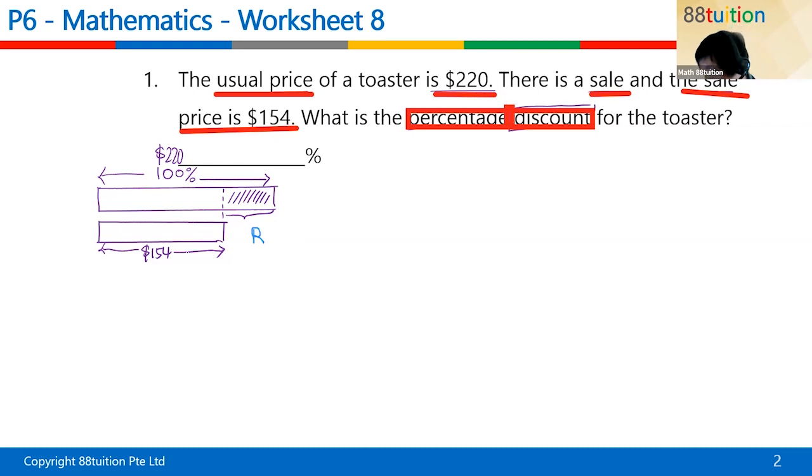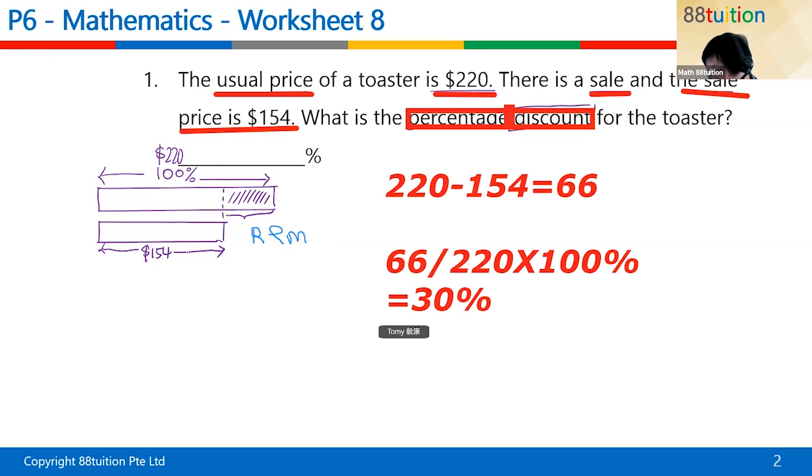What does REM stand for? Left, remainder? No, it's not left, it's not remainder. Good try, but can you have a better answer? Maybe we ask Serena. Serena, what do you think you call this shaded box part? What can you call this?